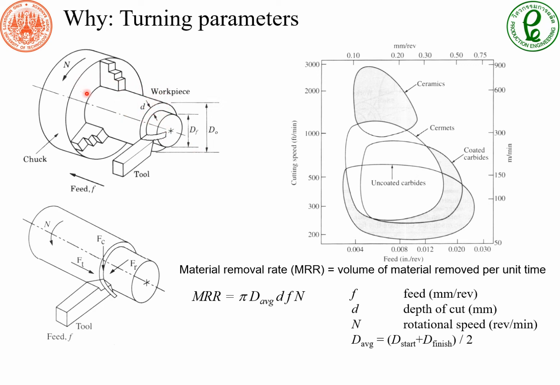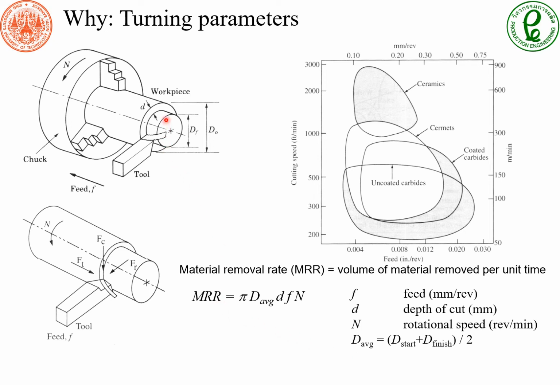Now, if you want to calculate the cutting speed of the tool, it is basically 2 times pi times r multiplied by n revolutions per minute. Now 2 times r is the diameter, but here the diameter is changing from d sub 0 to d sub f, so we use the average diameter.